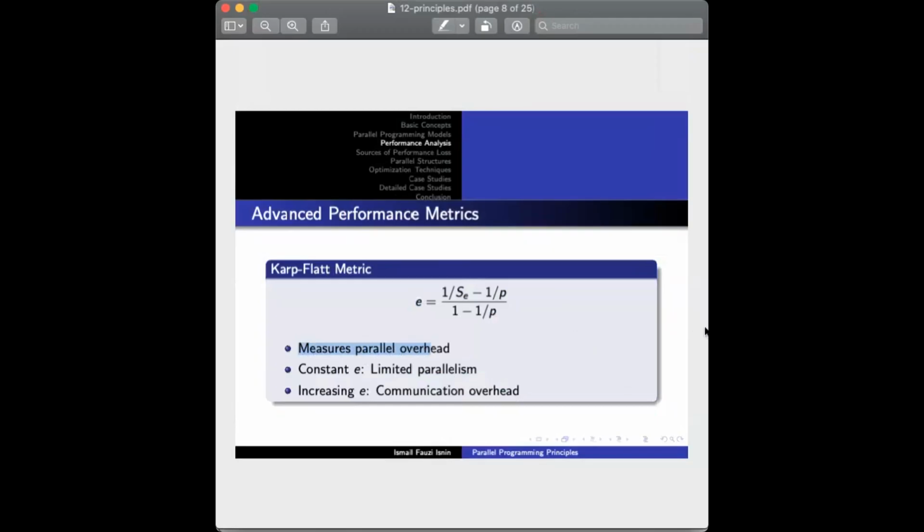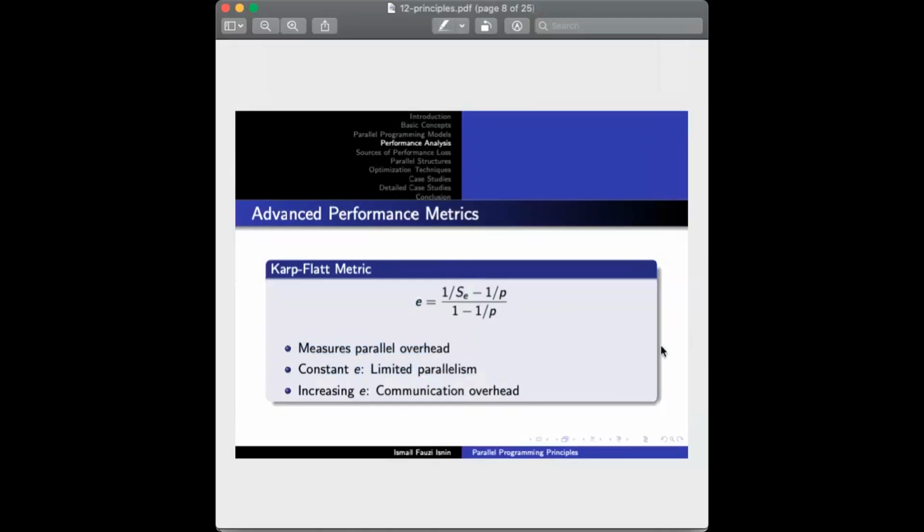First, if you increase your processor count and the calculated value of e remains relatively constant, it means your algorithm simply has a fixed, unparallelizable sequential block that is limiting your speedup.